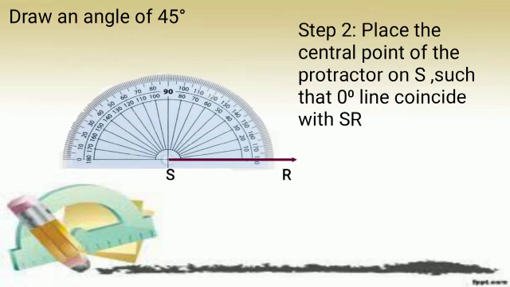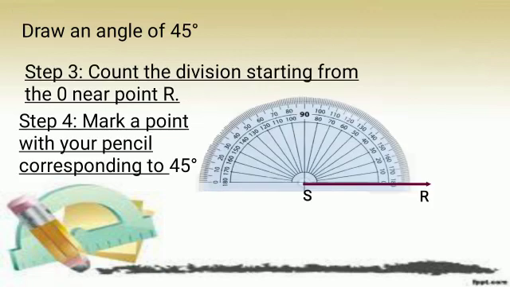After drawing the ray SR, you place the central point of the protractor on the vertex S. Then count the division starting from 0 near point R. And here as you can see, the point R is on the right side. So you have to start, and how much angle is given? It is 45.